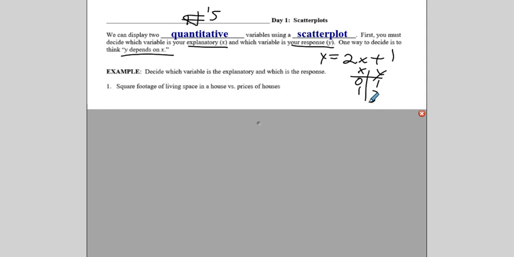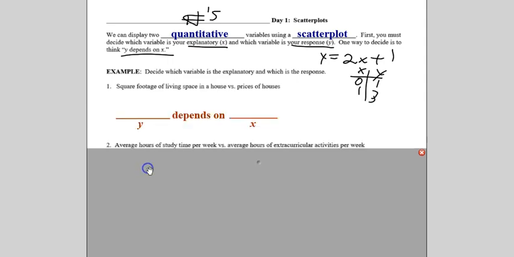Okay? So, looking here, you don't have this written on your paper, so you have to add that in. Decide which variable is the explanatory and which is the response. So, square footage of living space versus price of houses. So you just ask yourself, is the square footage depending on the price, or is the price depending on the square footage?